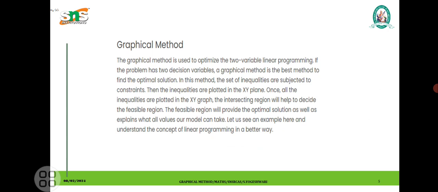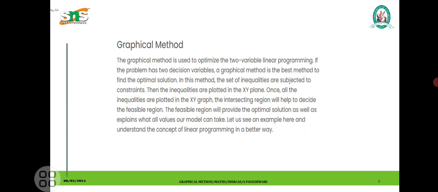Graphical method. The graphical method is used to optimize the two variable linear programming. If the problem has two decision variables, the graphical method is the best method to find the optimal solution. In this method, the set of inequalities are subjected to constraints. Then the inequalities are plotted in the XY plane.